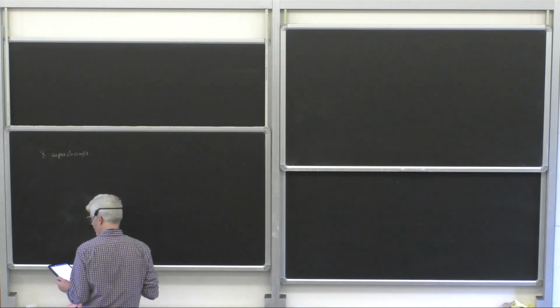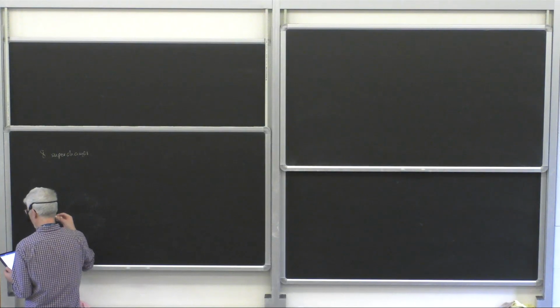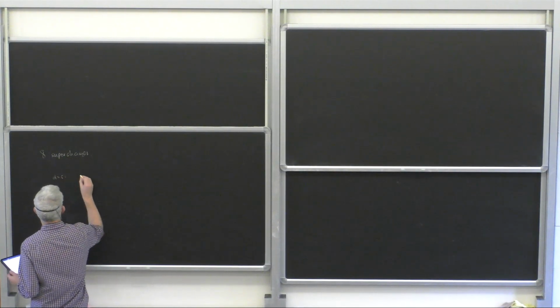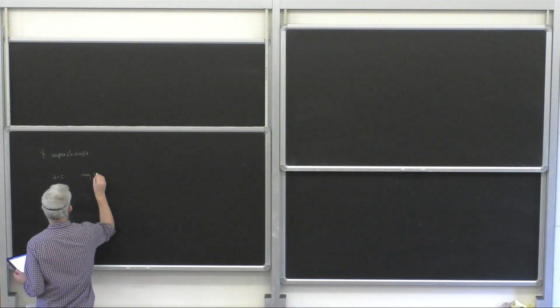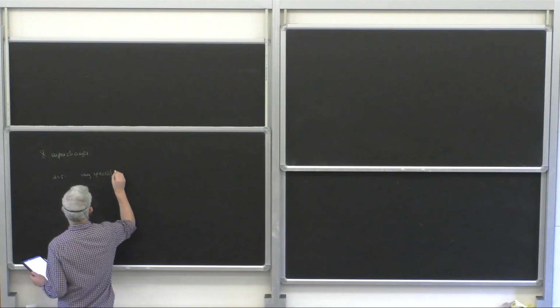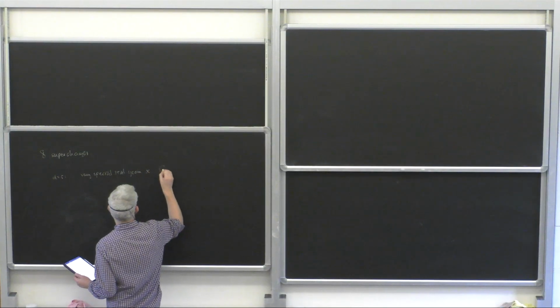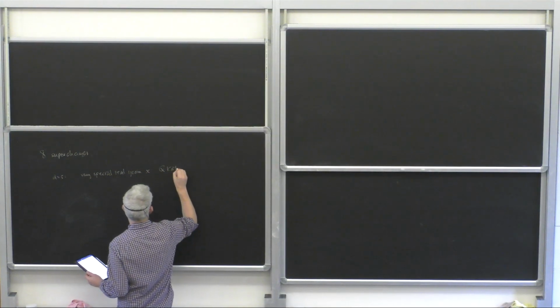And we had things like, for example, in d equals 5, something called a very special real geometry times some quaternionic Kähler geometry.